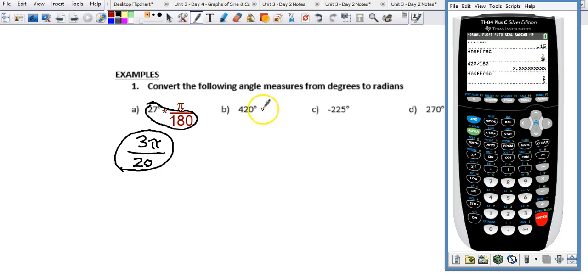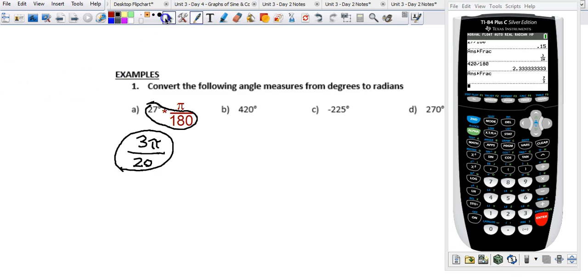So the work that you'll put on your paper is you're going to multiply by pi over 180. You'll write that down. But only divide the two numbers. Don't type pi in the calculator. That's doing too much work. So 420 divided by 180 is going to be 7 over 3. And just put the pi on top, and you've converted.